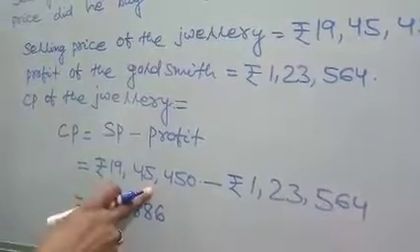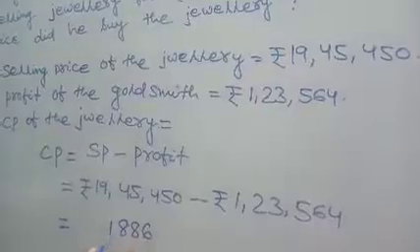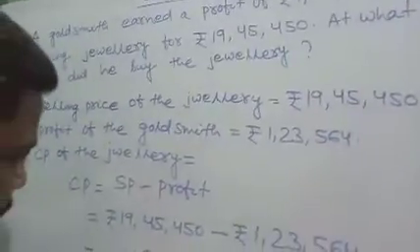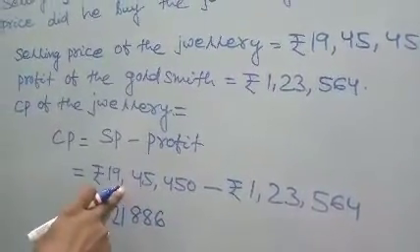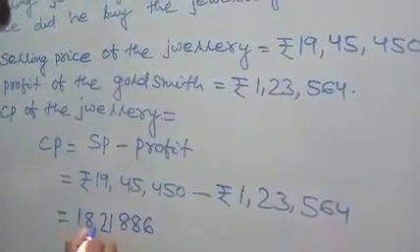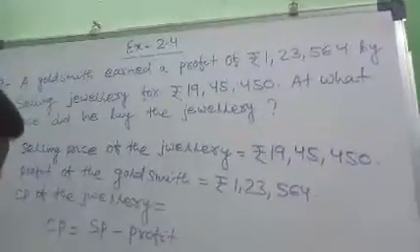Here is 4. 4 minus 3 equal to 1. Here is also 4. 4 minus 2 equal to 2. And 9 minus 1 equal to 8. 18,21,886 rupees.